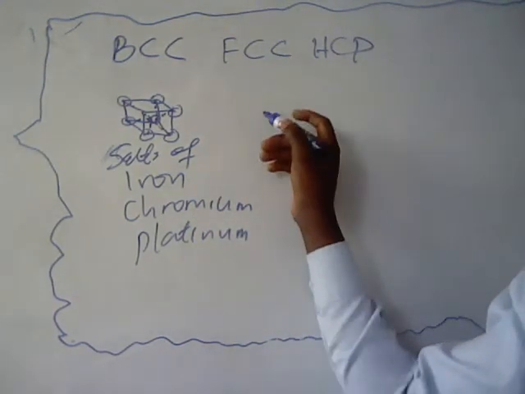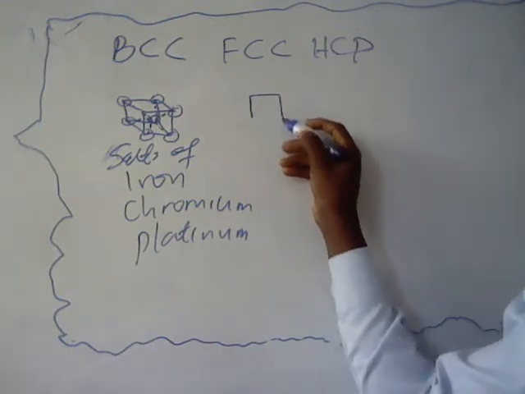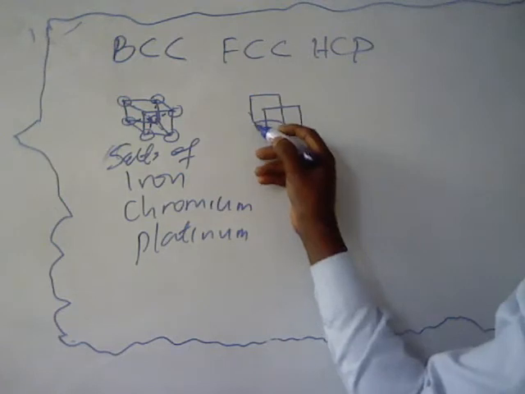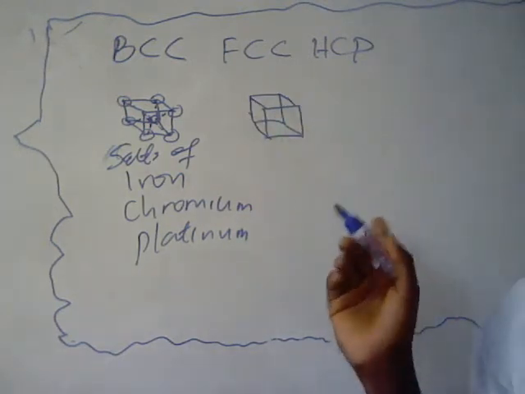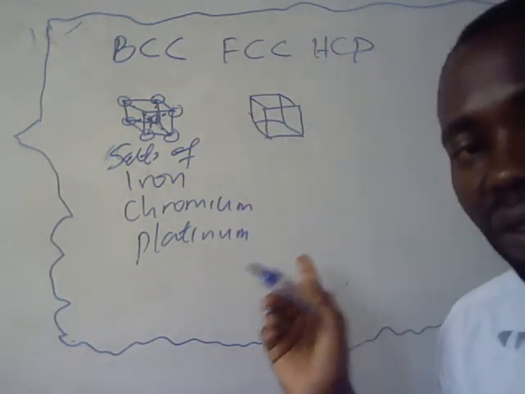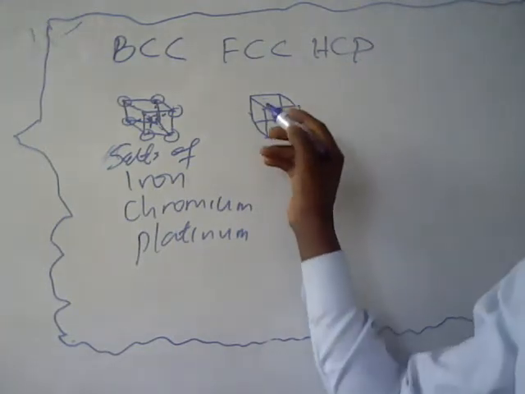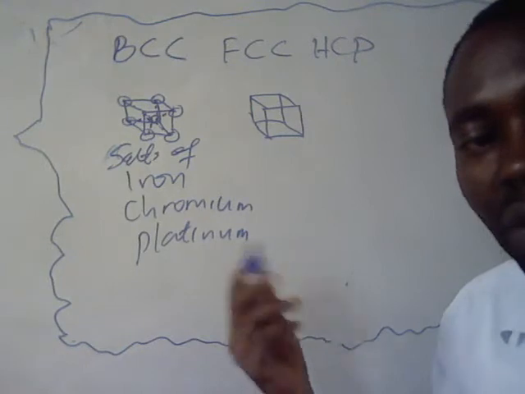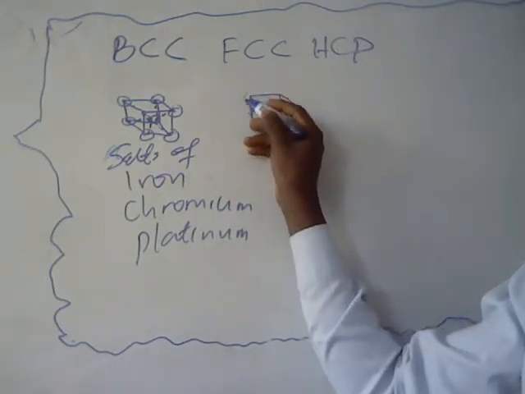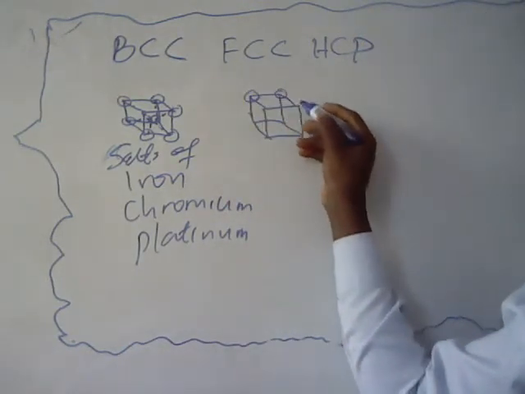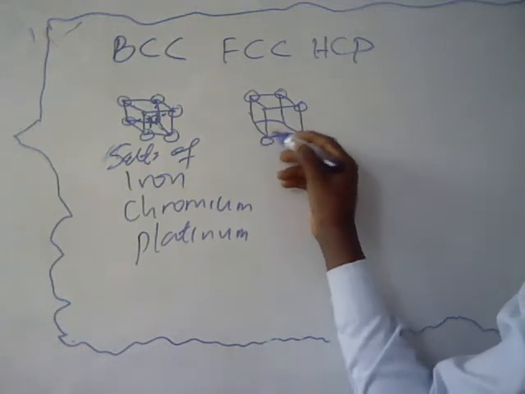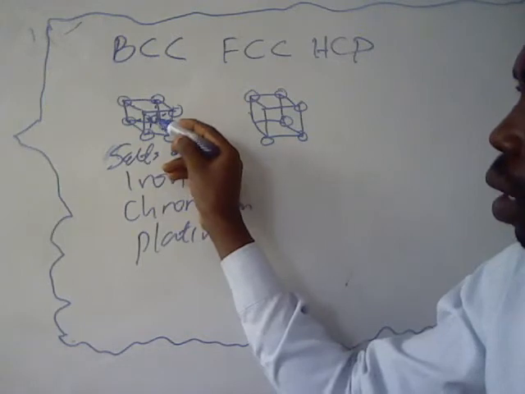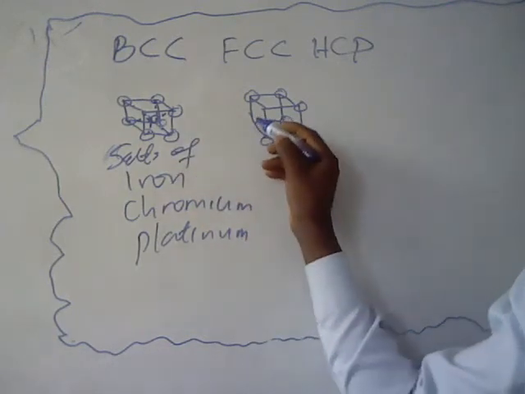Face-centered cubic, you still have your cube. A crystal will be in the form of this, with identical particles, identical ions, at each of the corners. Don't forget that there's another one here, at each of the corners.